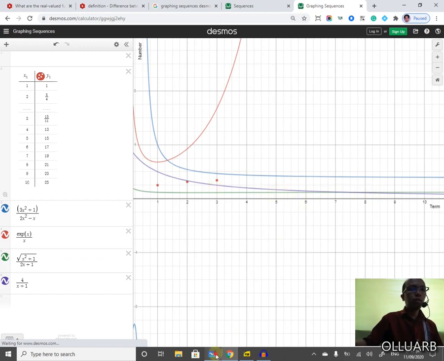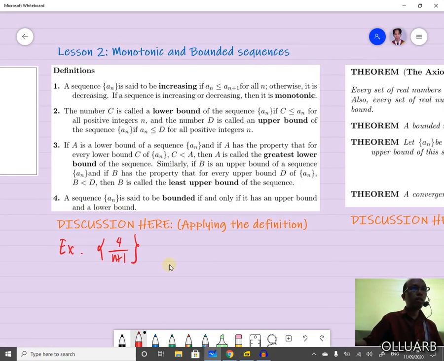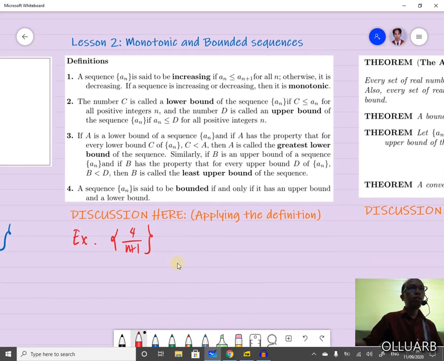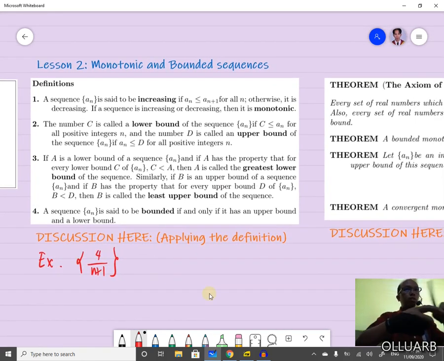We expect that it is decreasing. Notice the definition of an increasing function, this one.